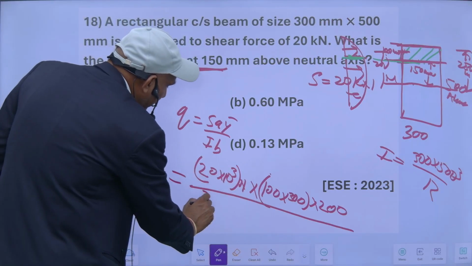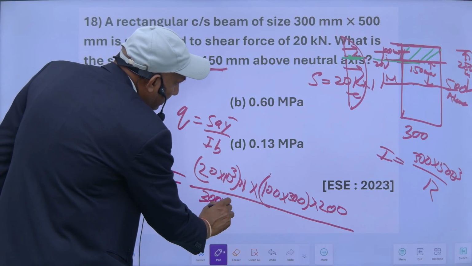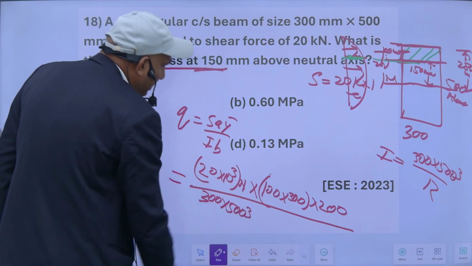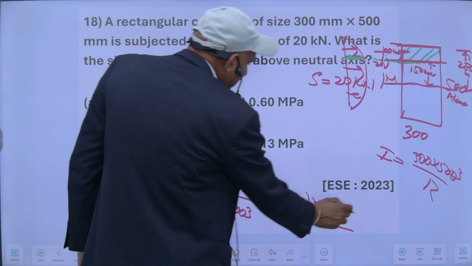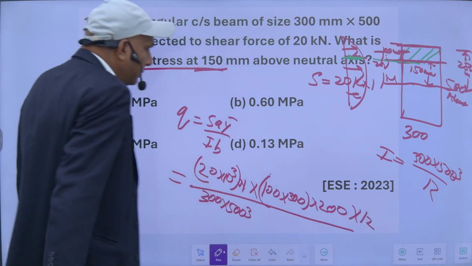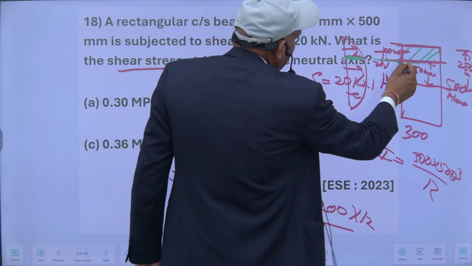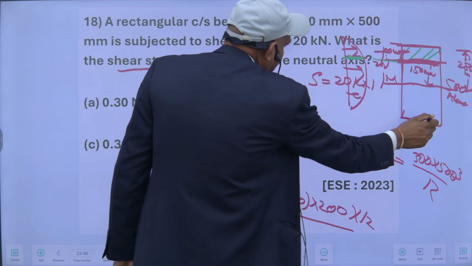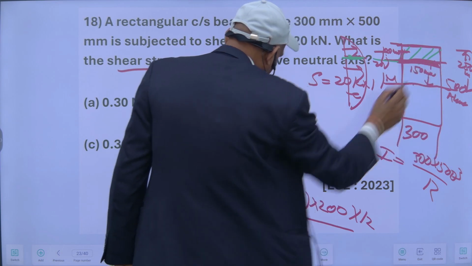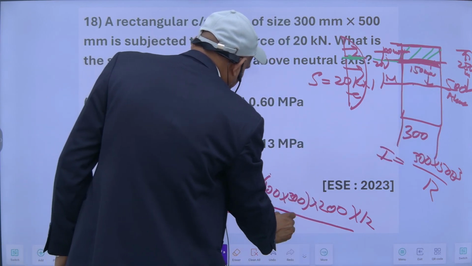So this divided by 12, b d cube upon 12, this into this b. b is this width. This is 300 mm. This is also 300 mm.